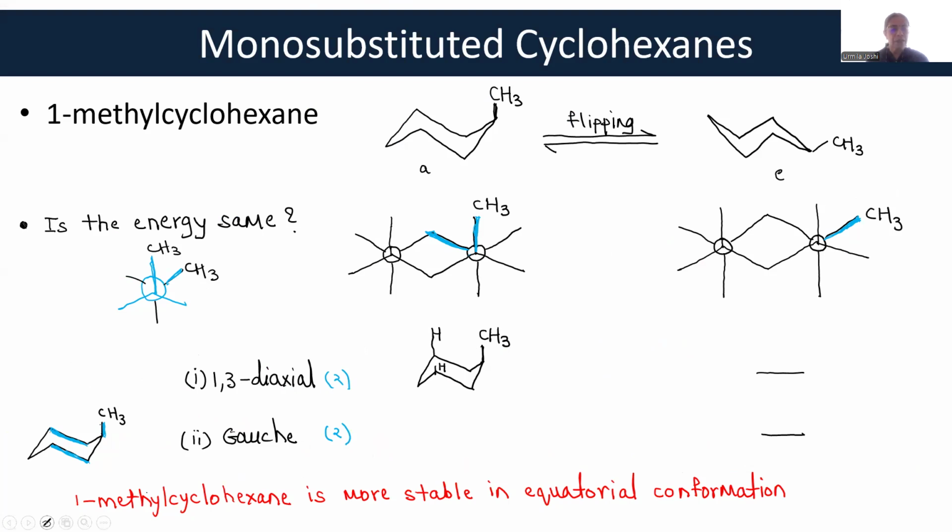In other words, 1-methyl cyclohexane is more stable in equatorial conformation where it has no 1,3-diaxial interactions and no gauche interactions. And so the energy of the conformation when methyl group is in equatorial form is less.